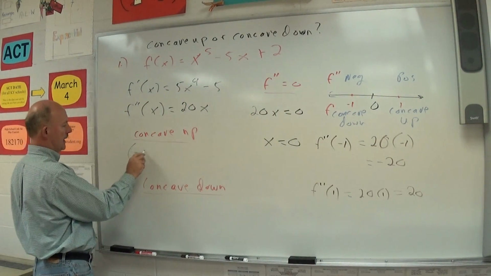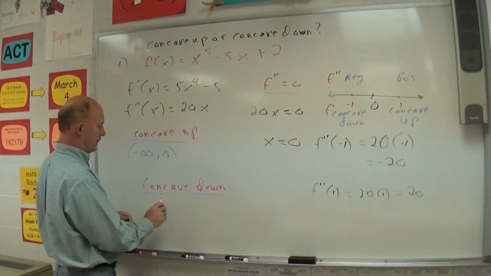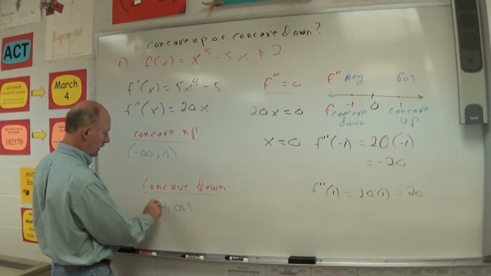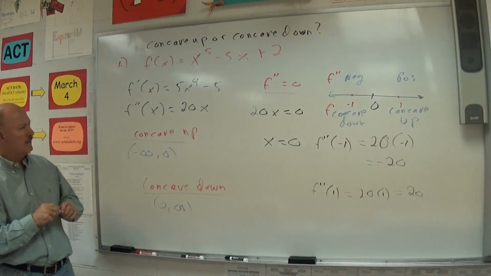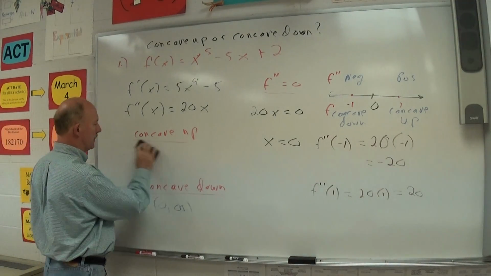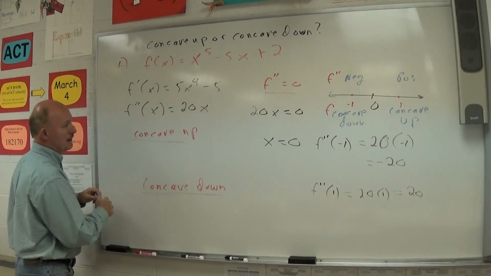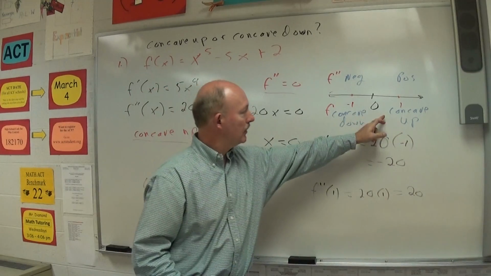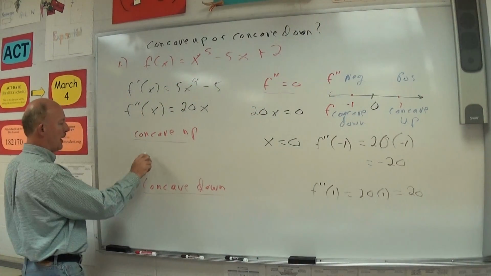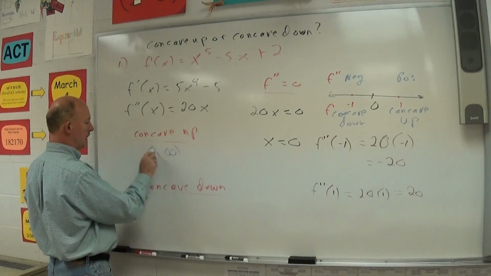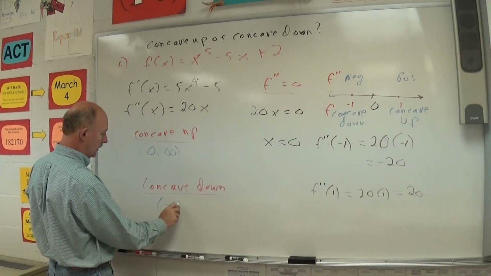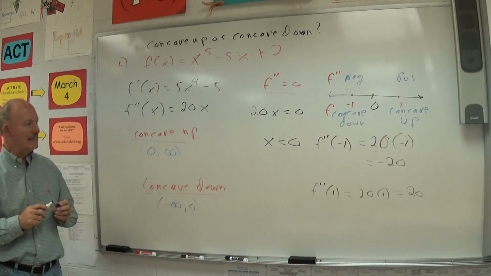Let's see, I got those reversed, didn't we? Hold on. Let's erase that. It's going to be concave up where the second derivative is positive. So that'd be from 0 to +infinity. And then from -infinity to 0, the graph will be concave down.